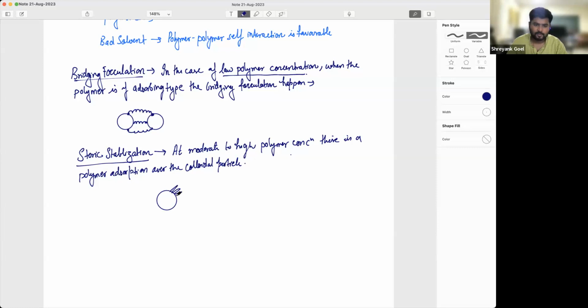So we have, like this, some polymer chains adsorbed, and due to this they form a brush-like structure. So this is called steric stabilization.